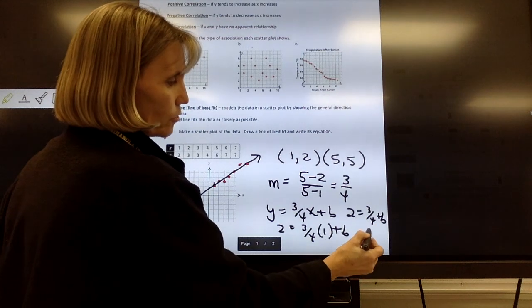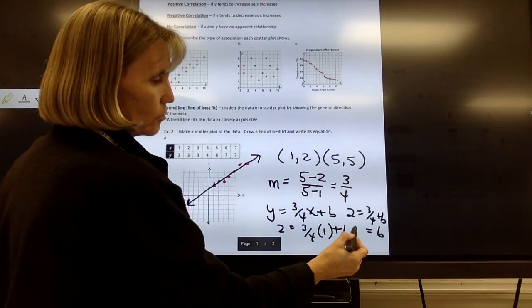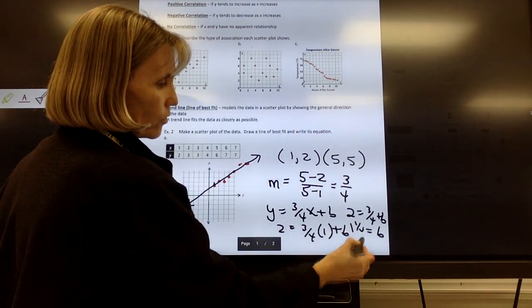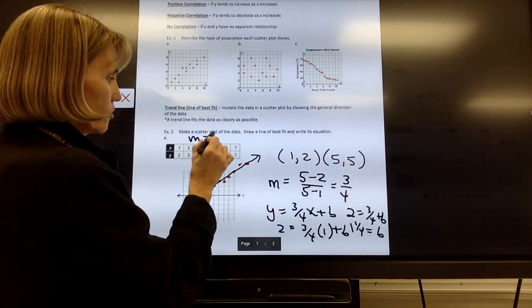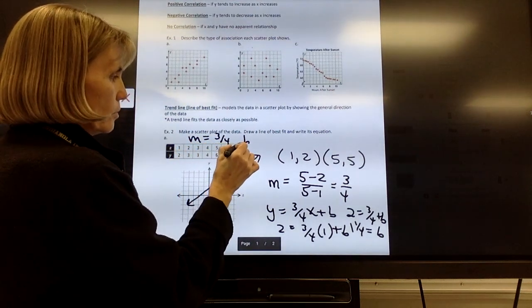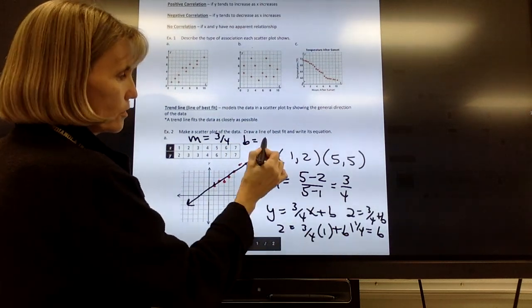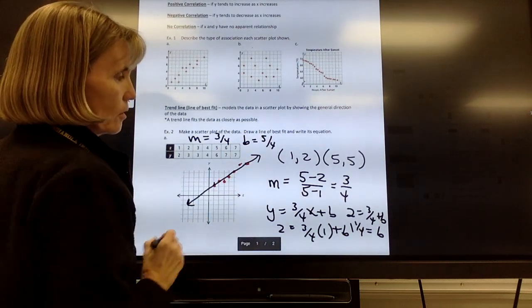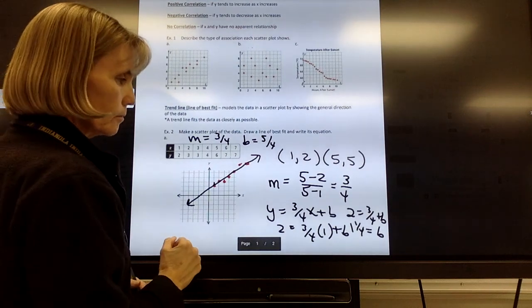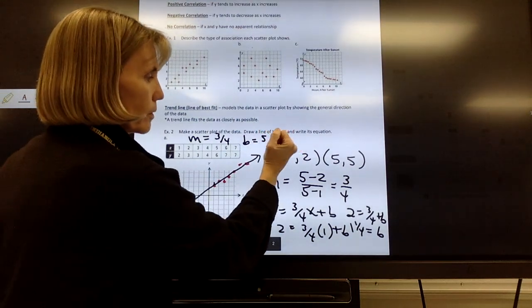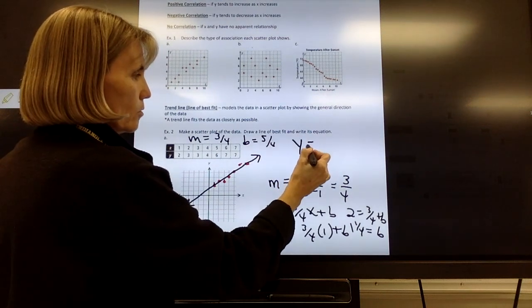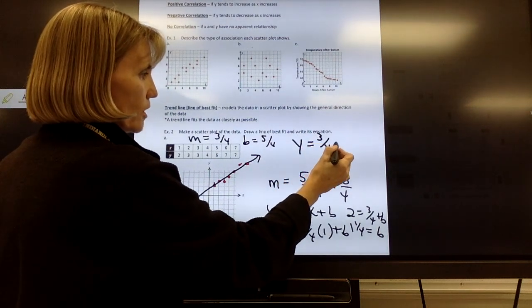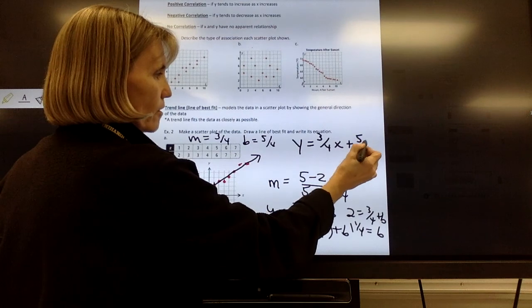So if I subtract 3/4 from both sides, b is equal to 1 1/4, or 5/4. So m was 3/4, b is 5/4. My equation then is going to be y equals 3/4 x plus 5/4.